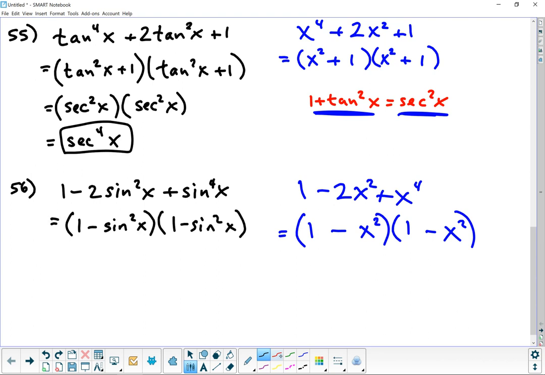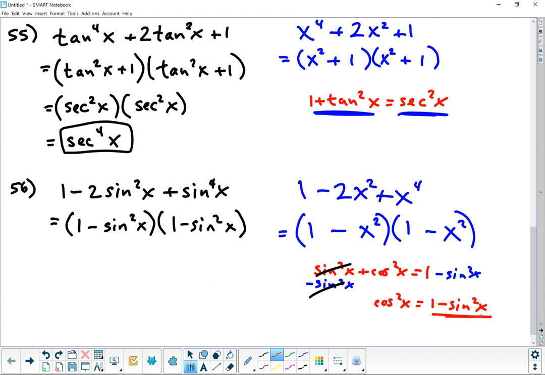Again, this is fine if we're just factoring, right? But if we want to keep going a little bit more, we can use the trig identity of sine square x plus cosine square x equals 1. You can see how this almost looks like it. If we were to subtract sine square x from both sides, and these would cancel out, we would have cosine square x equals 1 minus sine square x.